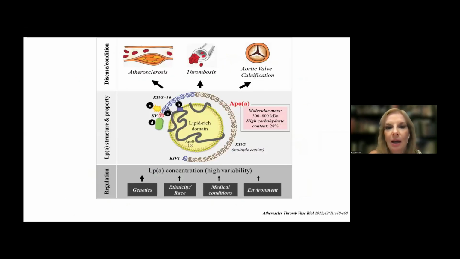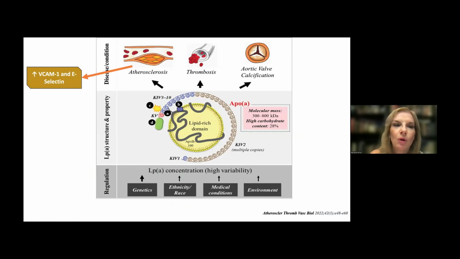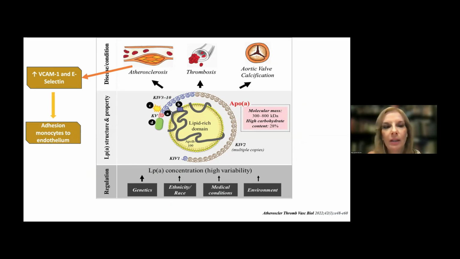So this is LPA with the critical domains. This molecule is implicated in many pathophysiologic pathways in cardiovascular diseases, because it can interact with adhesion molecules and E-selectin, which provokes adhesion of monocytes to the endothelium.